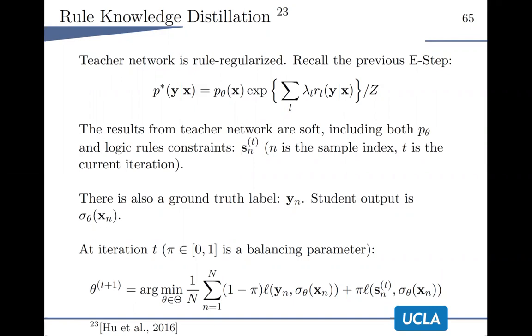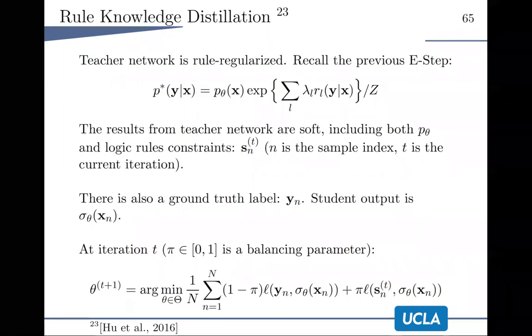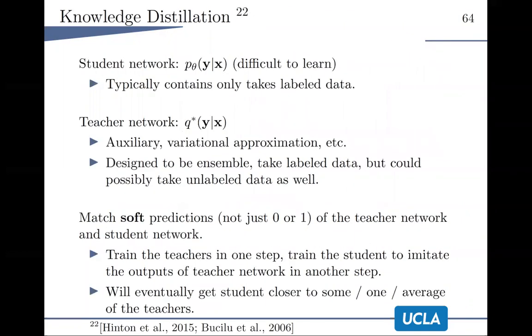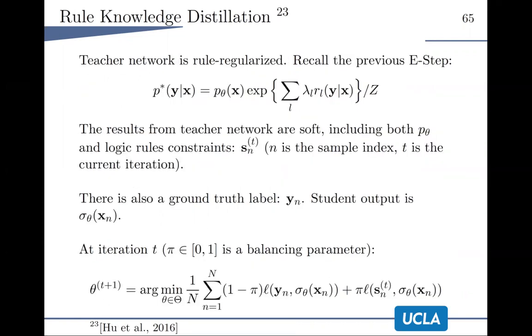So for this RL function here, is it soft or is it also a hard version? I think from the design level, it doesn't matter if it's hard or soft. Okay, soft. Yeah, so for example, we can use probabilistic soft logic. Then we can get a soft value. Okay, yes.